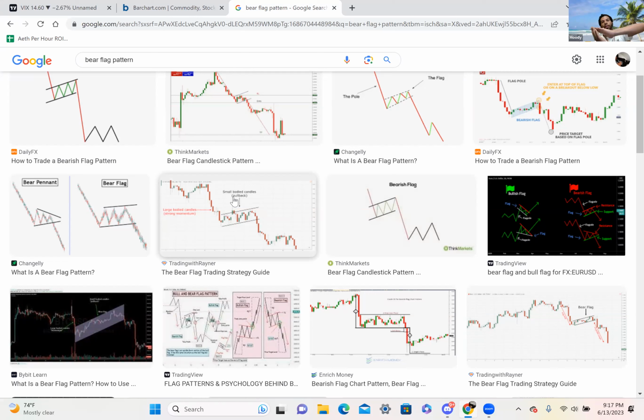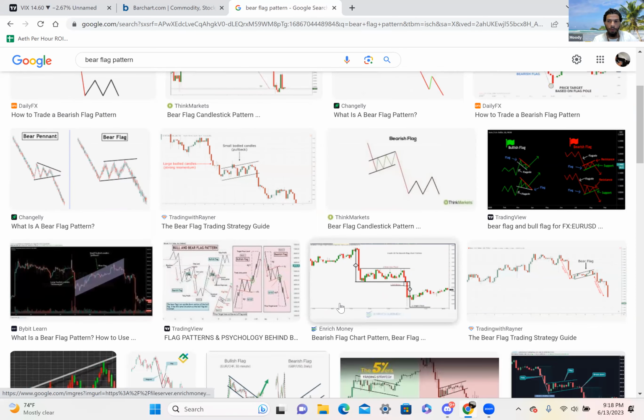Try to think of this being the pole, and this being the flag part, and it'll create some type of, we call it a pennant, but it's like a triangle. Now, the flag will always be in a channel, whether it's channeling upward, sideways, or downward. It's just about identifying, here I can use this one for an example.